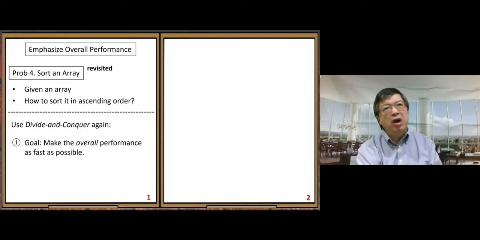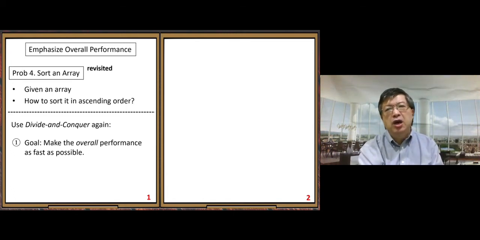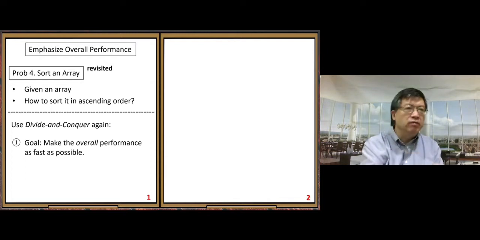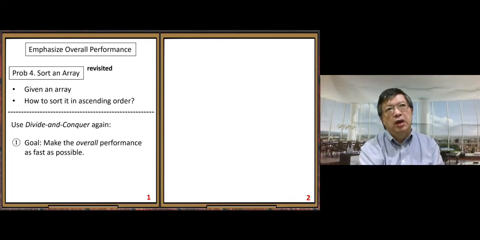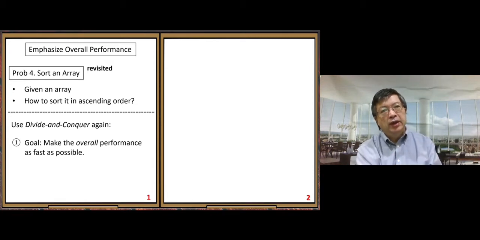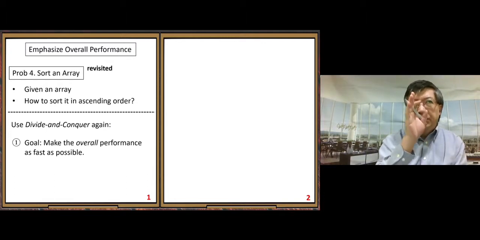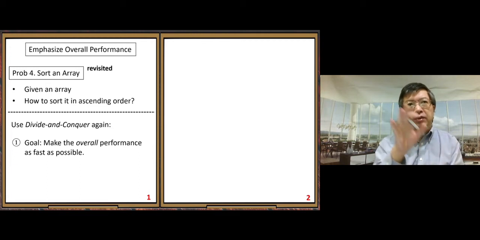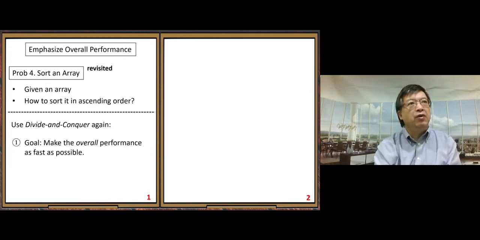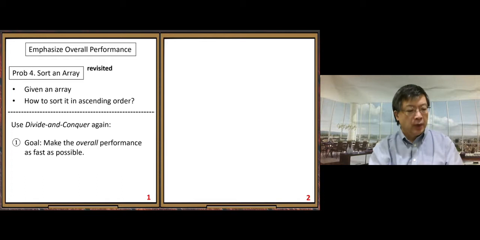Without doing experiments, it is not easy to see which one has the best overall performance. So for that reason, in our project number 2, which I will assign probably this weekend, you will do experiments on this new sorting algorithm, the Quicksort.